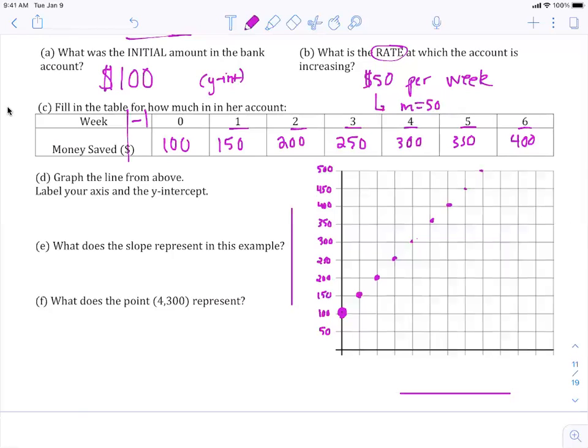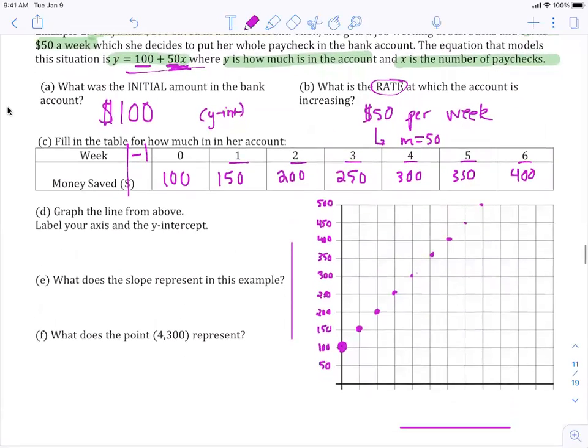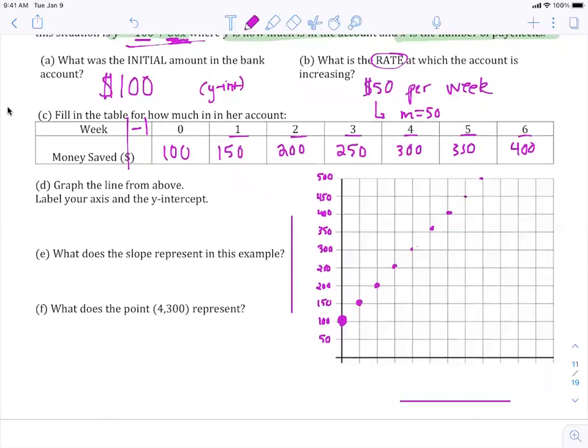But there's a reason why that makes no sense here. Could I plug in -1? Sure, but she didn't have this job a week ago, right? So when it comes to word problems, a lot of times when there's negative X values, we will not include those because it doesn't make sense.